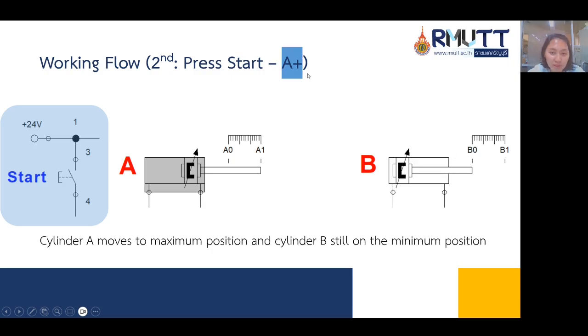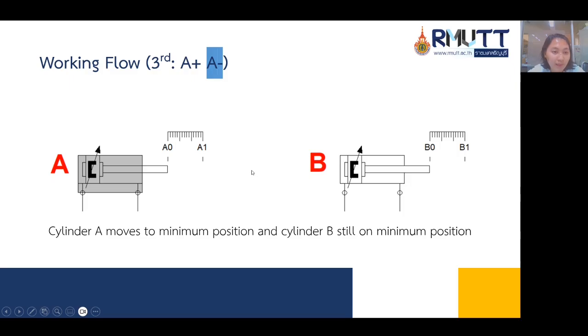This is the condition A plus, the cylinder A going forward. Then next is condition A minus. After cylinder A has gone forward, cylinder A will move to the minimum position, going backward, and reach limit switch A0.